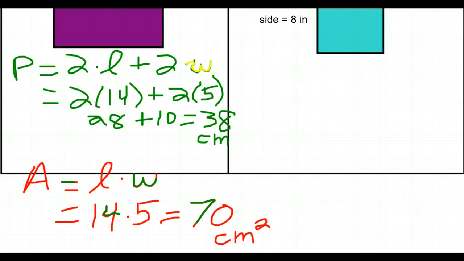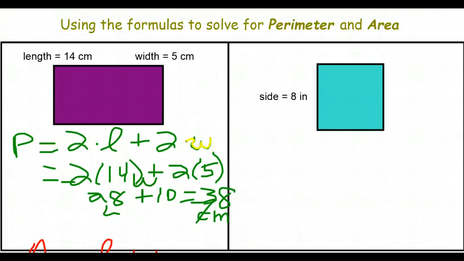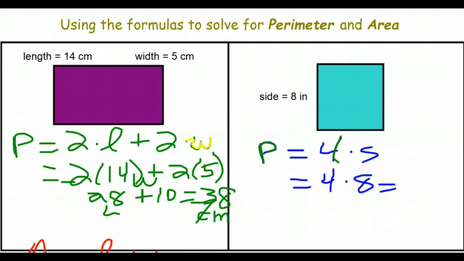Now if we go up to the square, the length of the side of the square is 8 inches. So our perimeter is going to be 4 times the side length. Because the side length is 8 inches, our perimeter then becomes 32 inches.